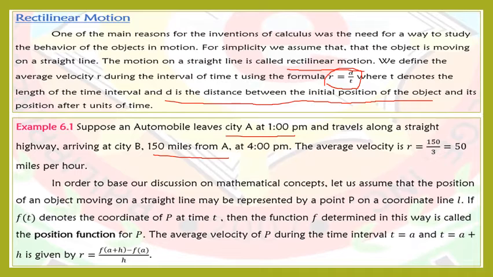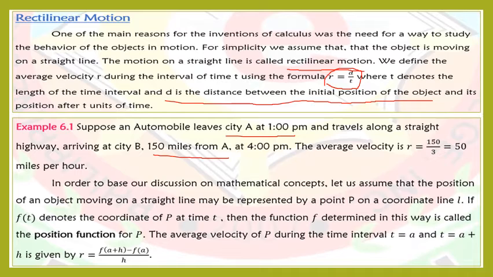is 150 miles. So which means the average velocity is magiging 150 minus 0 or d sub 2 minus d sub 1 or final position minus initial position or final distance minus initial distance divided by the final time rather minus the initial time.